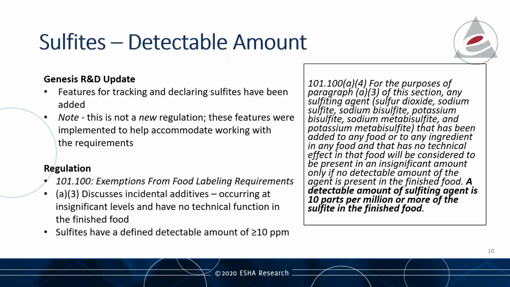When those are occurring at 10 parts per million or more in the finished food, then those must be declared. That exemption of incidental additives doesn't apply when you've got sulfiting agents at 10 parts per million or more in the finished food. So again, we've added some features with Genesis 11.8 to help you track that information and work with sulfites better.